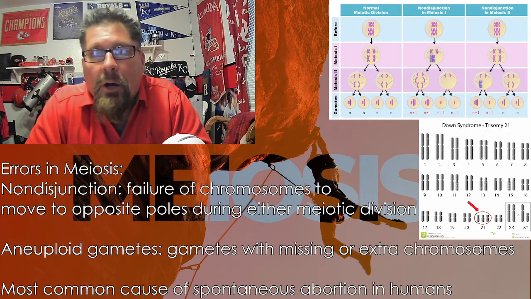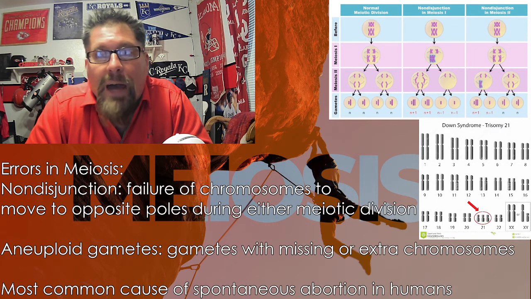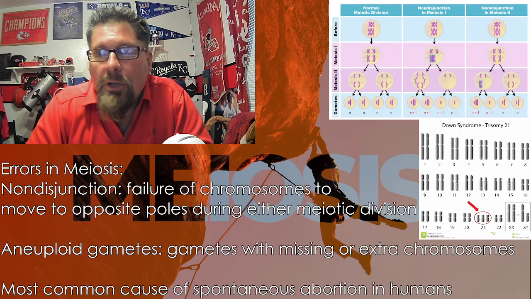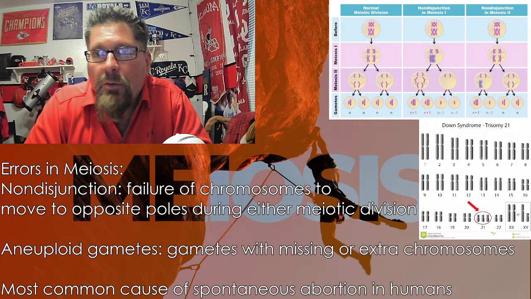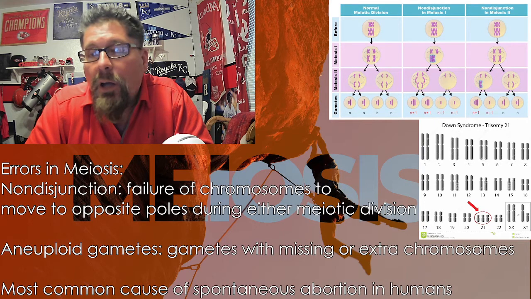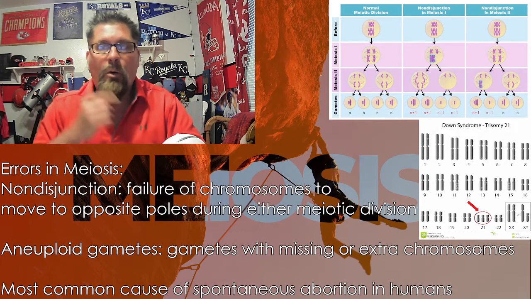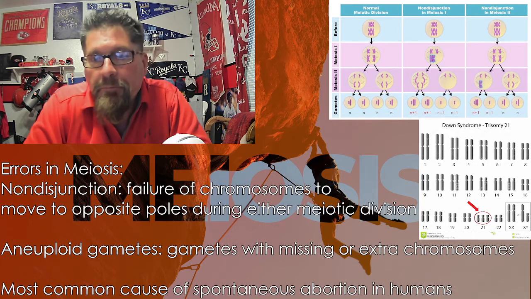So the take home there is, if the error is in meiosis 1, then you're going to have half of them that have too many and half that don't have enough. If the error occurs in meiosis 2, then half are okay, they're the way they should be, and of the other half, a quarter are too many, and a quarter have too few.